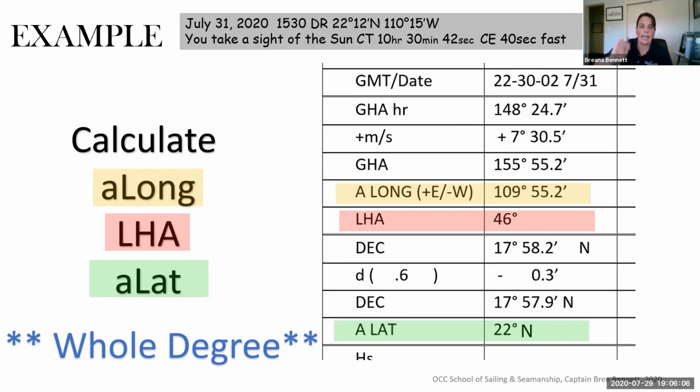It doesn't have to be like, oh, I got the whole thing wrong because I chose the wrong assumed position. All that matters is that it's a whole degree and that it will fit on your plotting sheet or your chart. And this is 3 degrees, which is what, 180 miles. So you'll be all right.